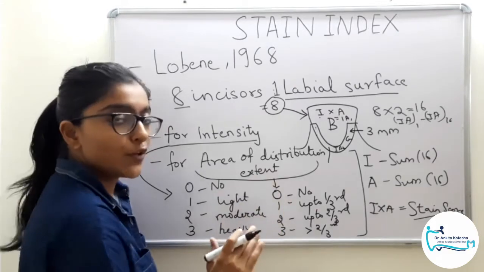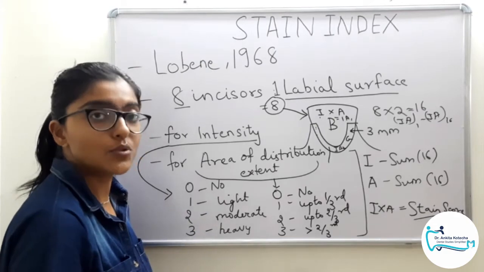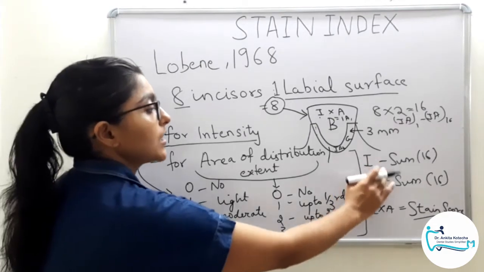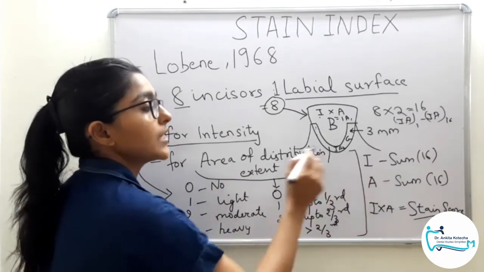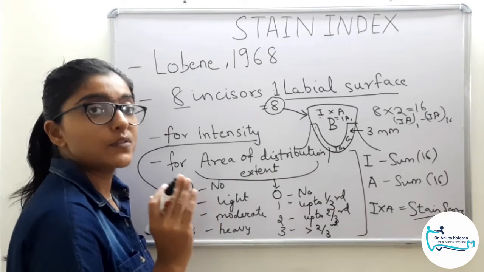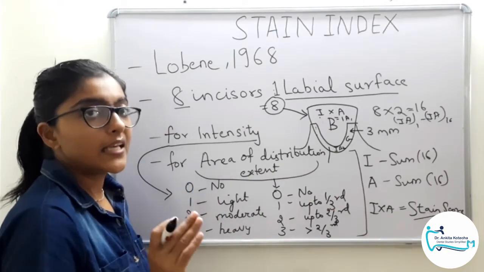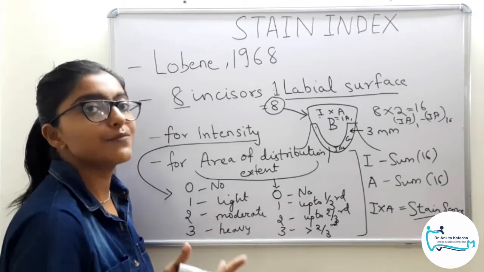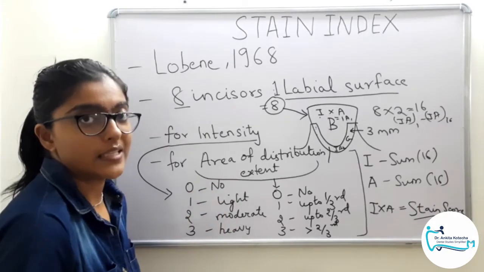For the area of distribution: no stains, up to 1/3 of the region, up to 2/3 of the region and more than 2/3 of the region. The final computation gives us 3 values: the sum of the intensity scores, the sum of the area scores, and the product of intensity and area for each individual region on each surface, and its final summation. So this is Lobene's stain index.